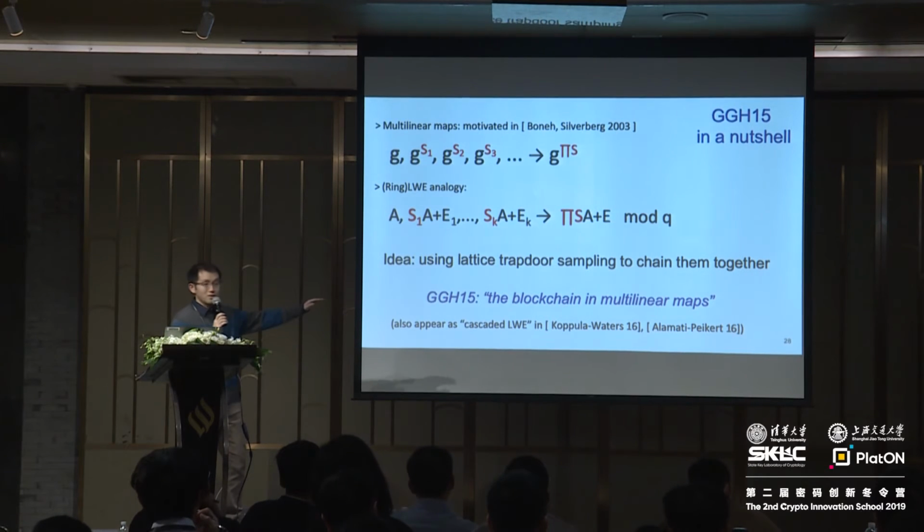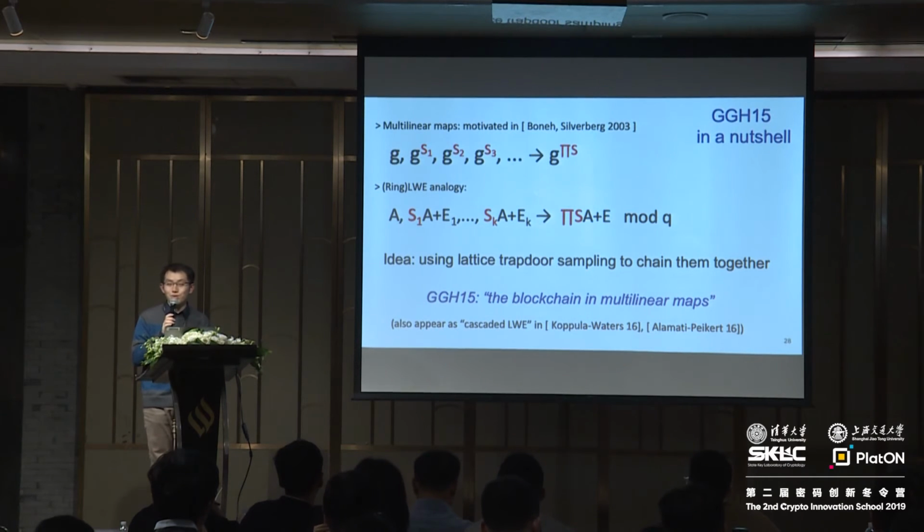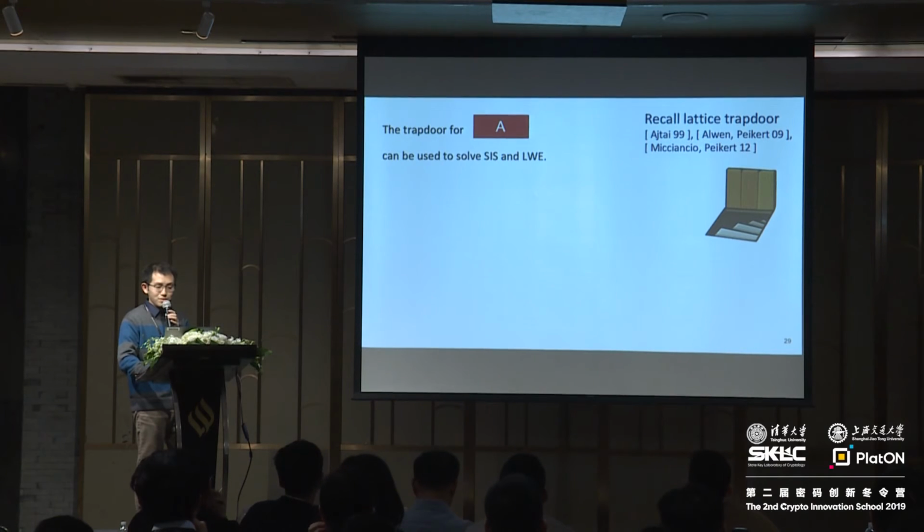But the applications in these two works are showing counterexamples for circular security for public key encryption schemes. So that's why they received less attention, because the application is too involved. But throughout this talk, I will still call such an idea GGH15, because that gives a more systematic way of viewing such a construction. All right.